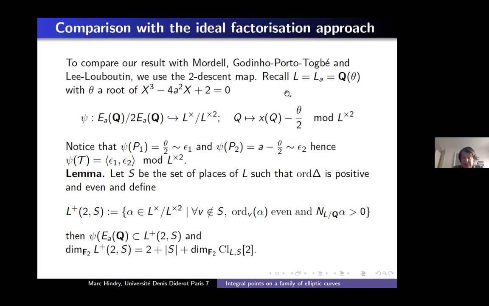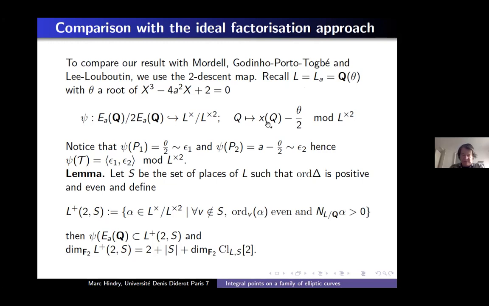I remind you that theta is the root, so I've written it again, and this time I have not forgotten the x. So theta is the root of x cubed minus 4a square x plus 2, and theta generates a cubic real field that I call L. So we define the map from the rational points of the curve to the quotient of the multiplicative group of L modulo squares.